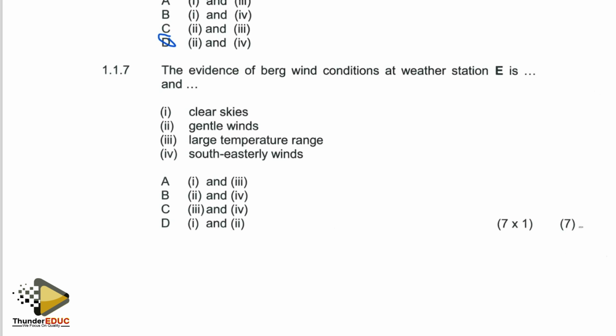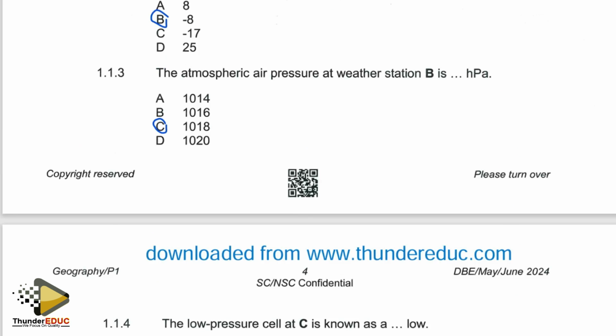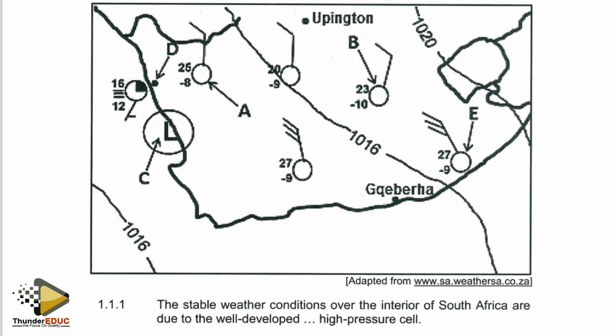Then we proceed to question number 1.17. The evidence of backwind conditions at weather station E is dash and dash. We need two conditions that suggest there was a backwind at that weather station E. At station E, you can see the conditions are clear skies. There is no shading to indicate cloud cover.